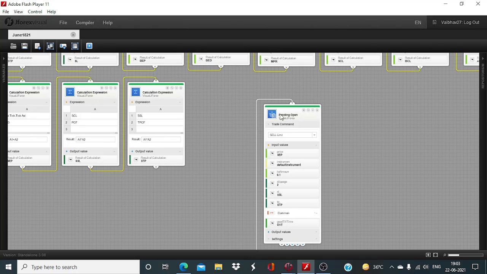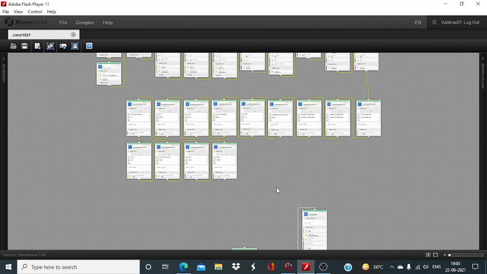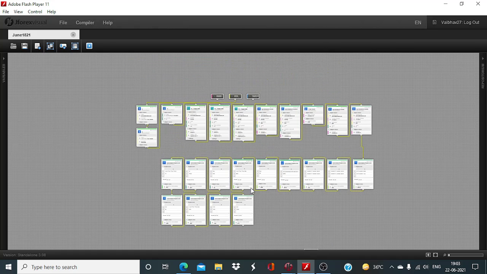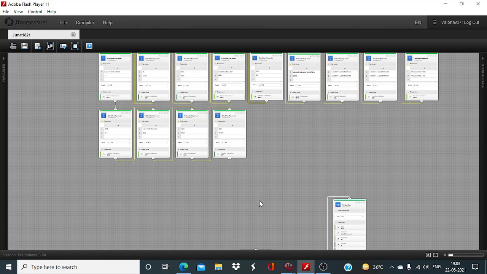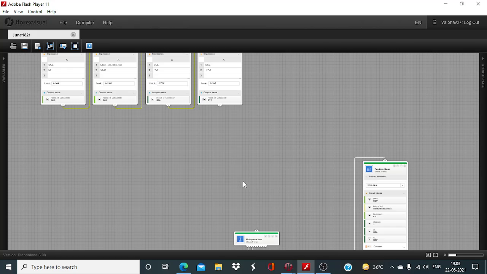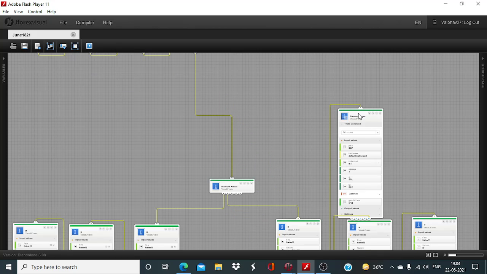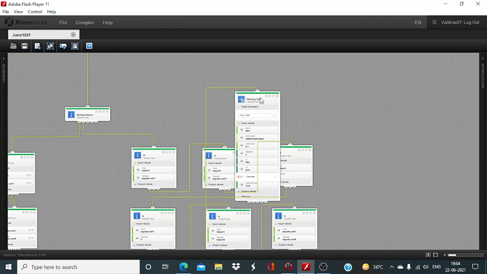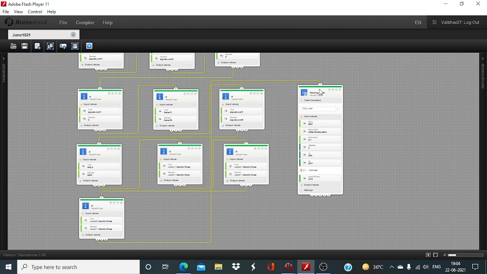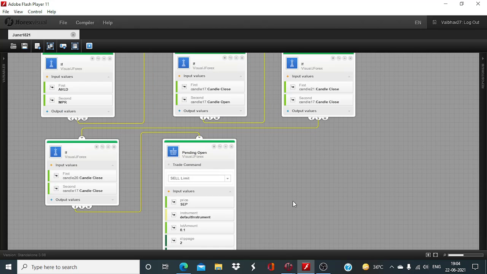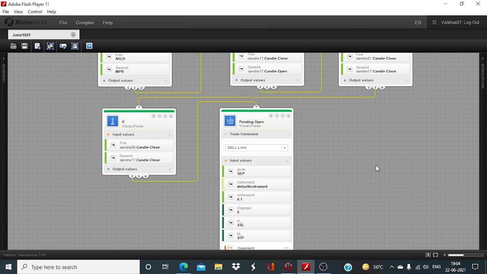Okay, so with this our setup is almost complete. I will join this to the multiple action, and as you can see, this color coded line goes till the open for the sell limit.